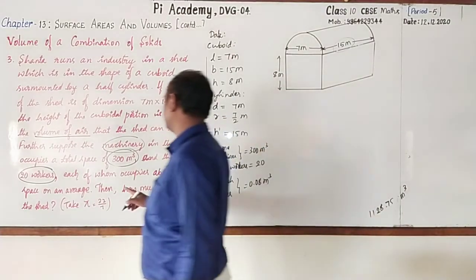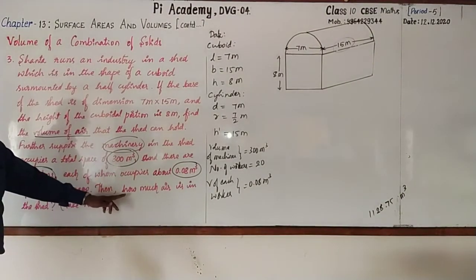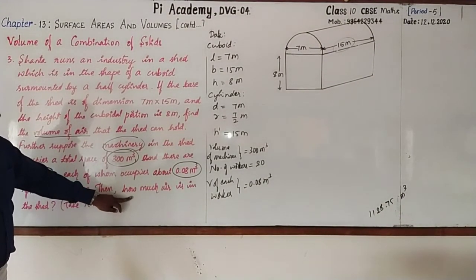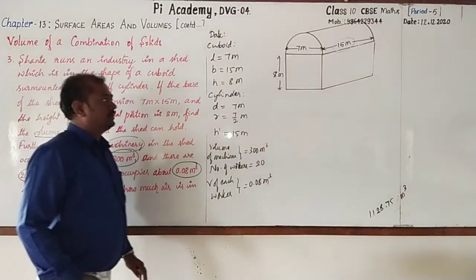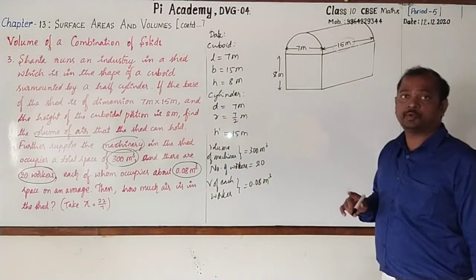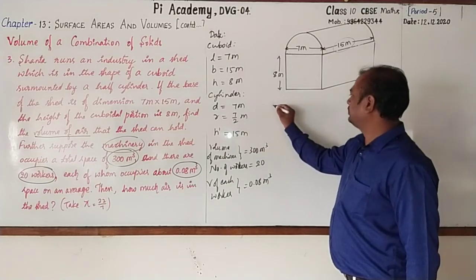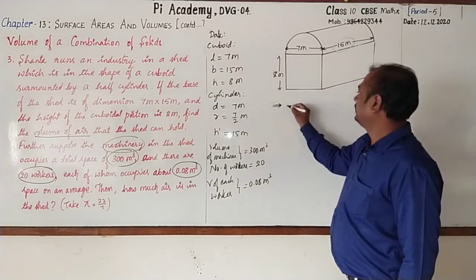Now, here we are going to answer for the second question. Second sub question is, how much air is in the shed? So first we must know volume of 20 workers, or else you may write it directly.